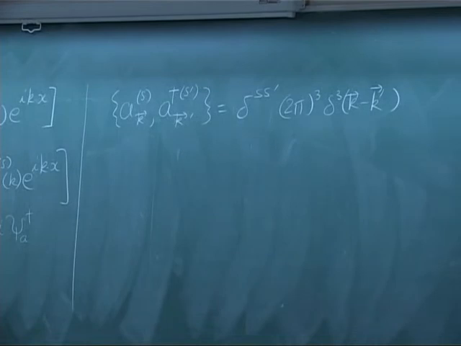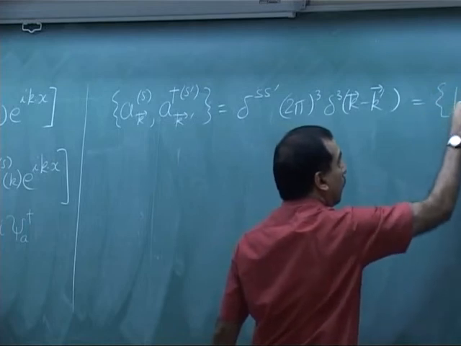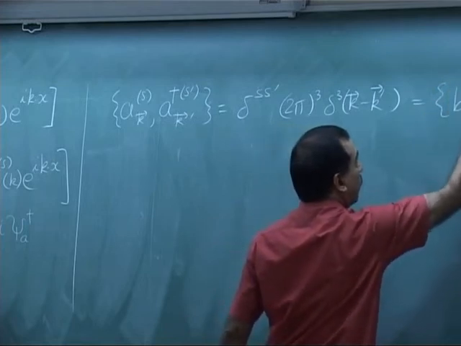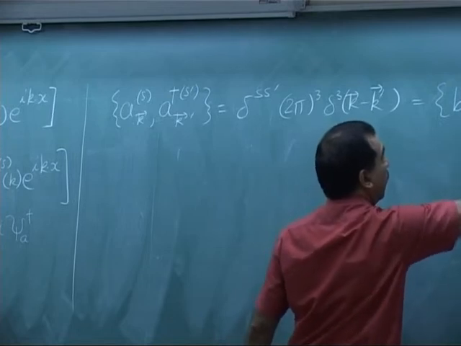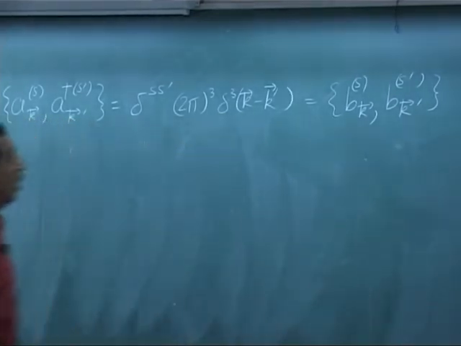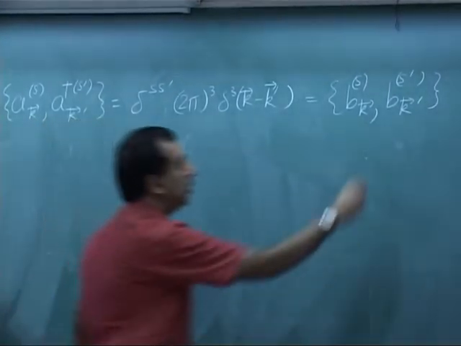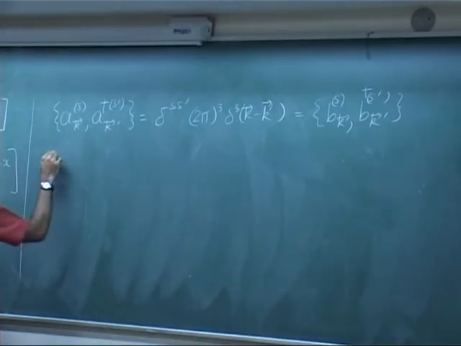Yes, and it's also equal to the anti-commutator of b and b dagger. And all others are 0, all other anti-commutators.